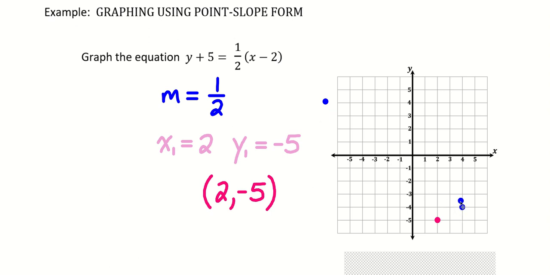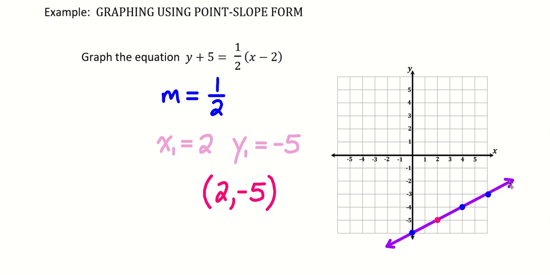But we can go up 1 over 2 again. And in fact, we could do that in the opposite direction, meaning down and to the left, technically. Down and left is the same as going up and right. And so then you would just draw your line.